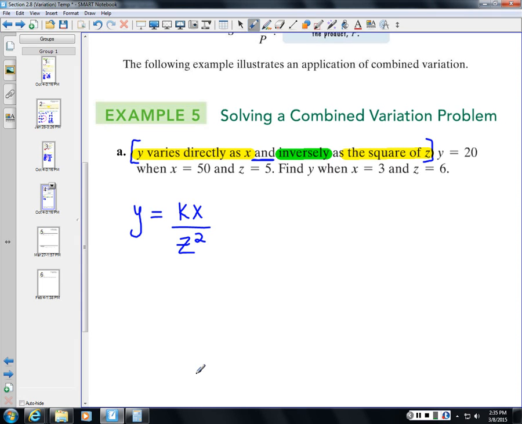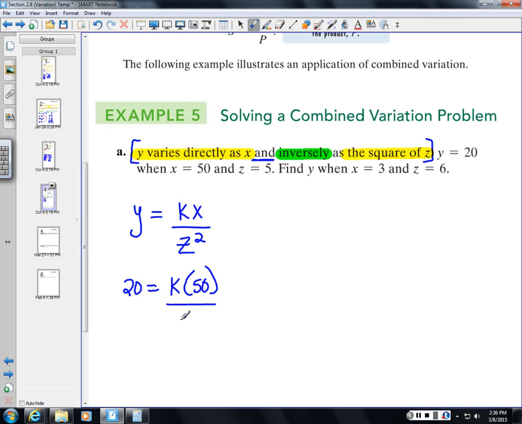Again, that's going to be the hardest part of these problems, is getting it set up, because if you don't have it correct, there's no way you'll get the right answer, because you're going to be plugging in numbers to a wrong equation. So that's the most important part. So we've got it set up. Now it's just a matter of plugging in the numbers. So in sentence 2, they tell me Y is 20. They tell me X is 50. And they tell me Z is 5.